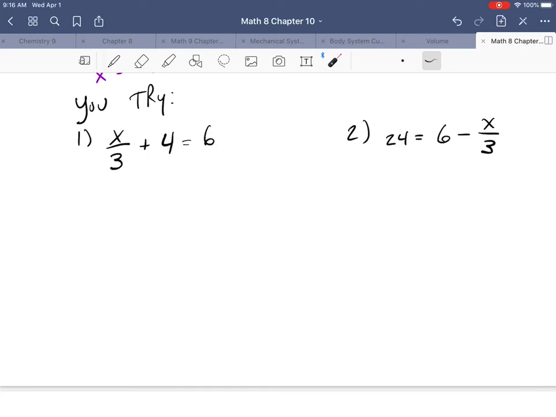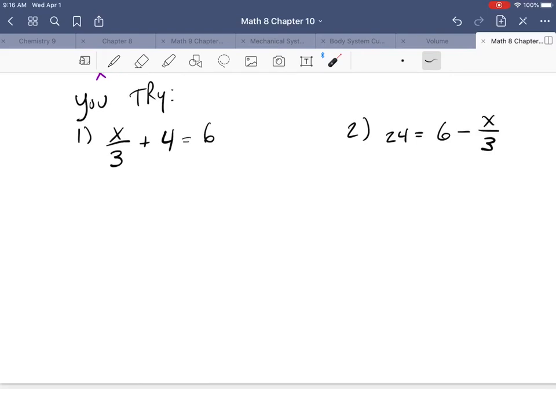There's 2 pages with a few questions, and then on Friday we'll post a little bit more. So basically now you know how to do dividing and multiplying and two-step equations. So pause the video now, do these 4 questions all by yourself, and then come back, check your answers, and you're good to go.